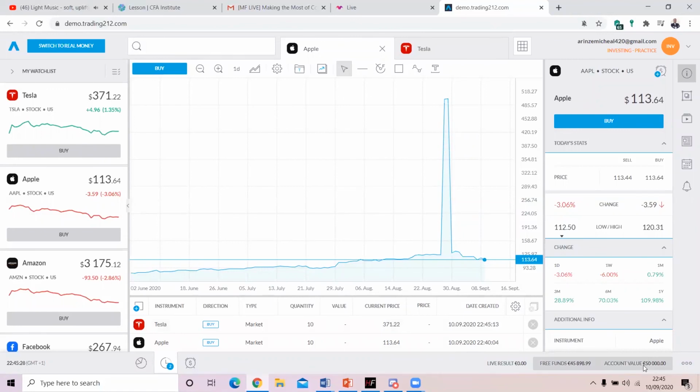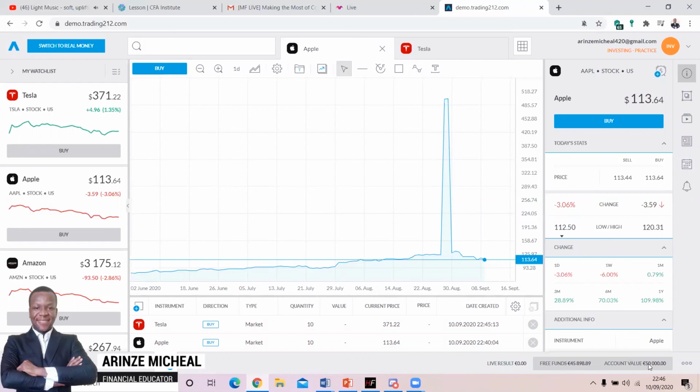So guys, that's it. Another thing quickly, you can see my account value at the lower end of my screen to the right. Account value, you can see, is 50,000 euros. Free funds is 45,000, about 899 euros.